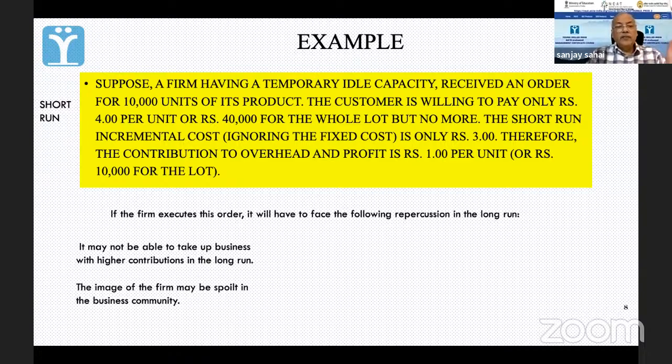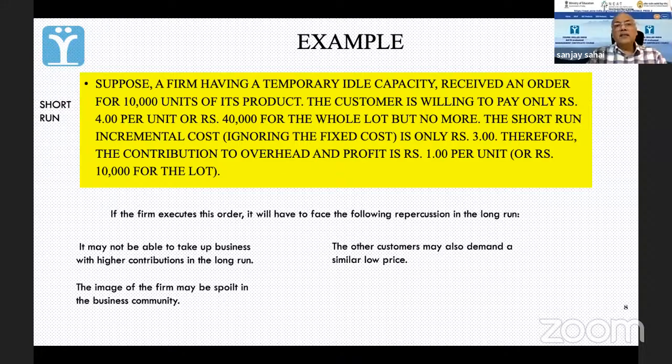So the image of the firm may be spoiled in the business community. They'll say that this firm is an opportunist and sells to us at inflated prices, but whenever it gets a chance to sell to someone at a lower price, even though that is not a regular customer, they do that.